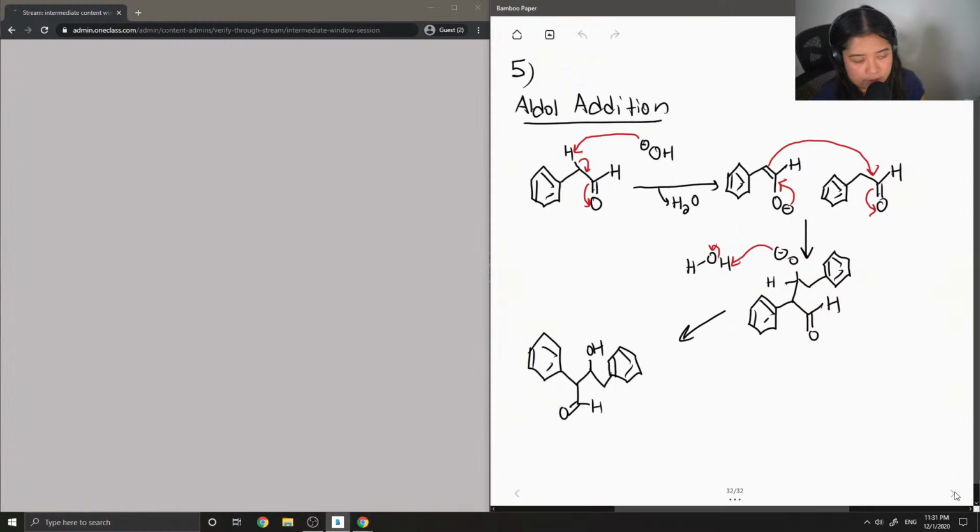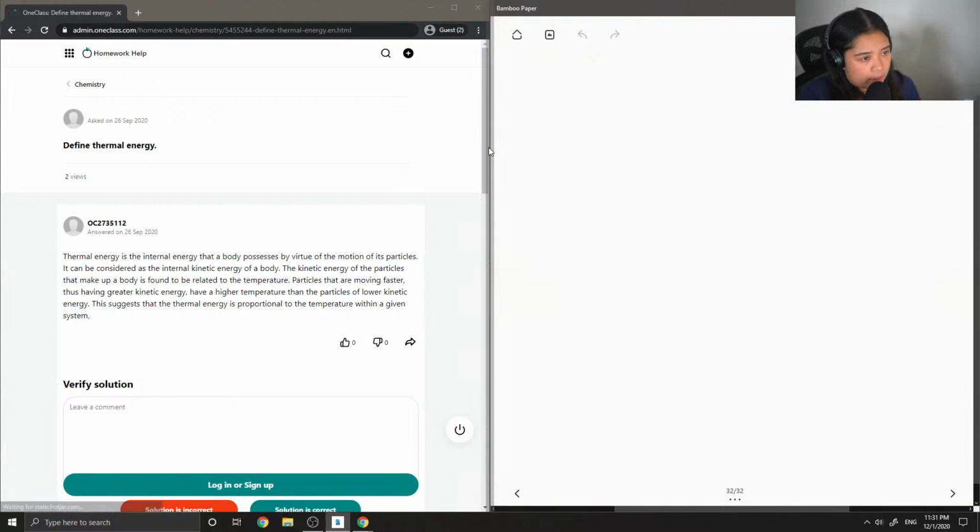And now we can move on to question number 6. Define thermal energy.